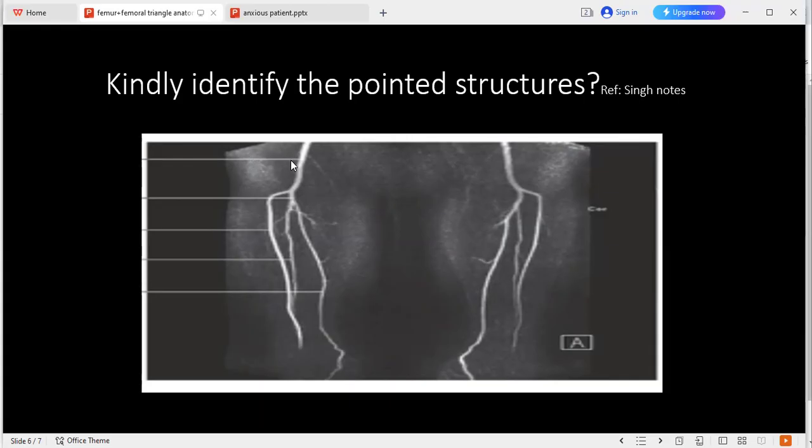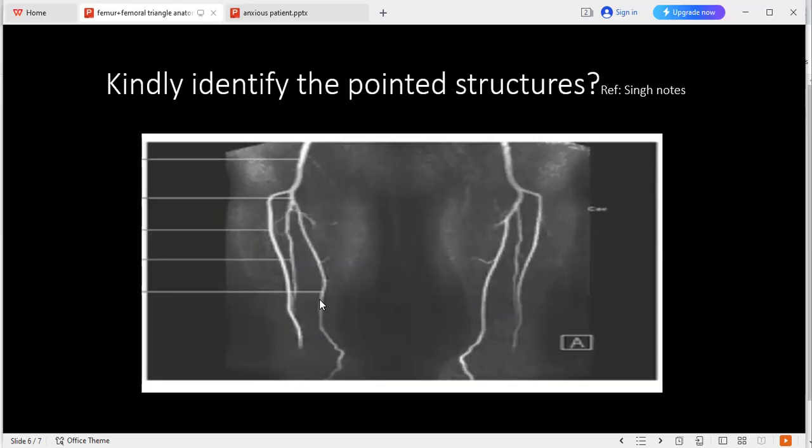One is the popliteal artery. Yes, very good. Moving below, please identify. This one is the tibioperoneal trunk. Yes. And this one, the anterior tibial artery. Yes. This one is the peroneal artery, and this one is the posterior tibial artery. Very good.